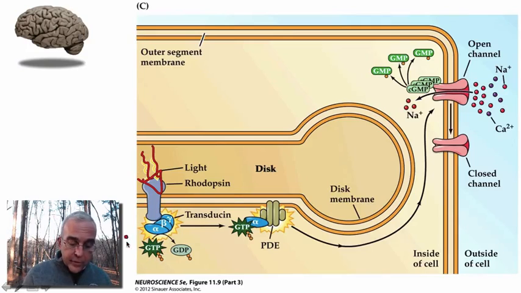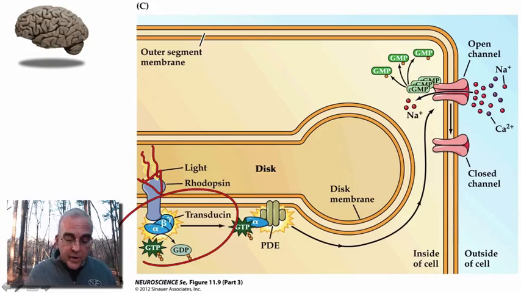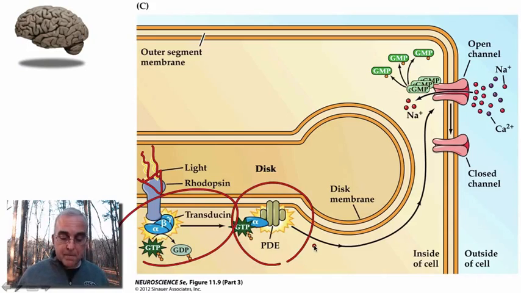Those G proteins are called transducin, and one consequence of activating these G proteins is that a phosphodiesterase enzyme is turned on, and that phosphodiesterase cleaves the cyclic structure of the cyclic GMP molecule. And as a consequence then, the cyclic GMP levels fall, and the channel goes from its open configuration to its closed configuration. Rather remarkable that all of this happens as quickly as it does.